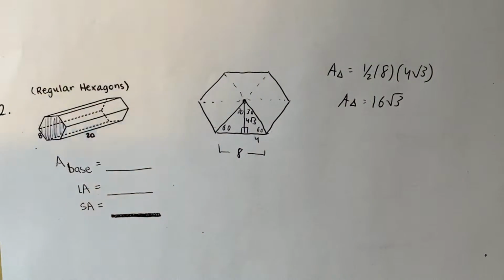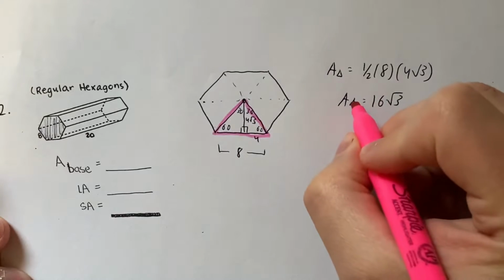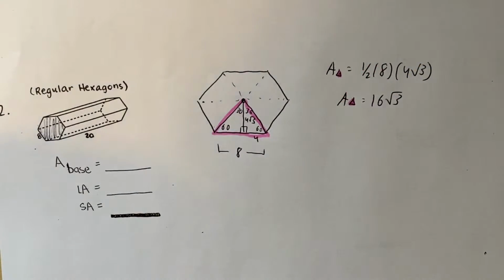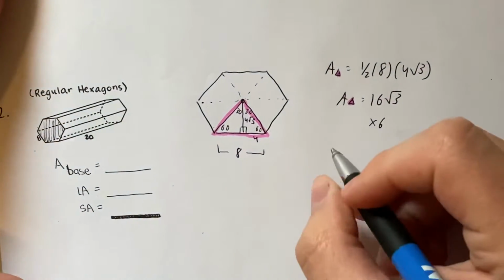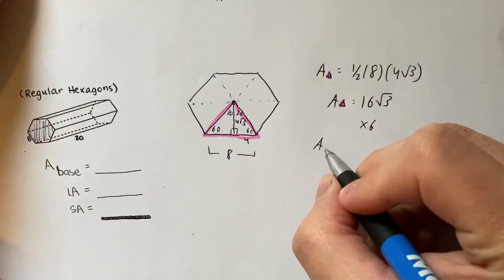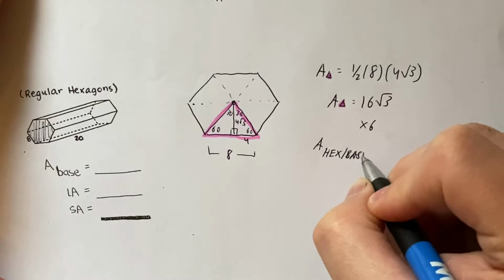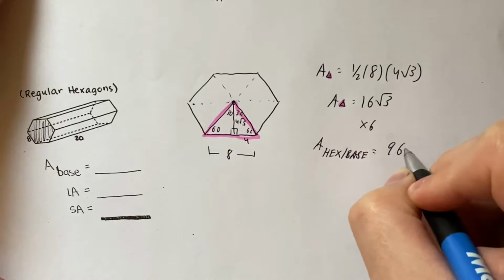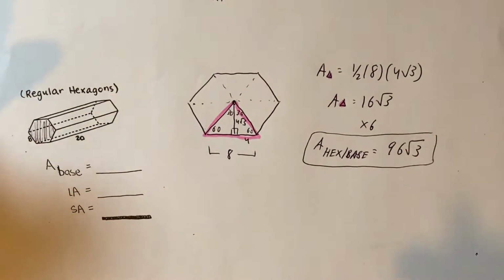That's of this pink triangle right here. But remember, in a hexagon, there are 6 of these triangles. So the area of the hexagon, which is also a base, is 96 square root of 3. That's of the one base.